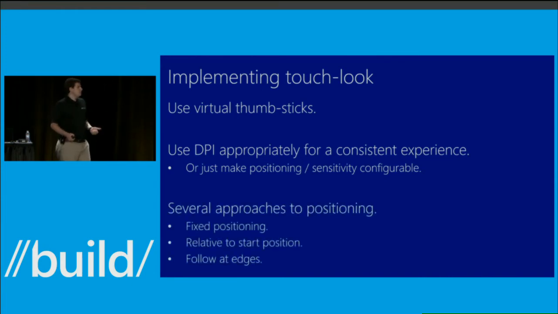Now, there are several approaches to implementing virtual thumbsticks. One of them is simple fixed positioning, where the thumbstick is always in the same position on the screen every time. Another is to make it a floating one, where wherever the user first touches the screen becomes the center of the virtual thumbstick, and then as they move their thumb around that point, that provides the input to the control system.